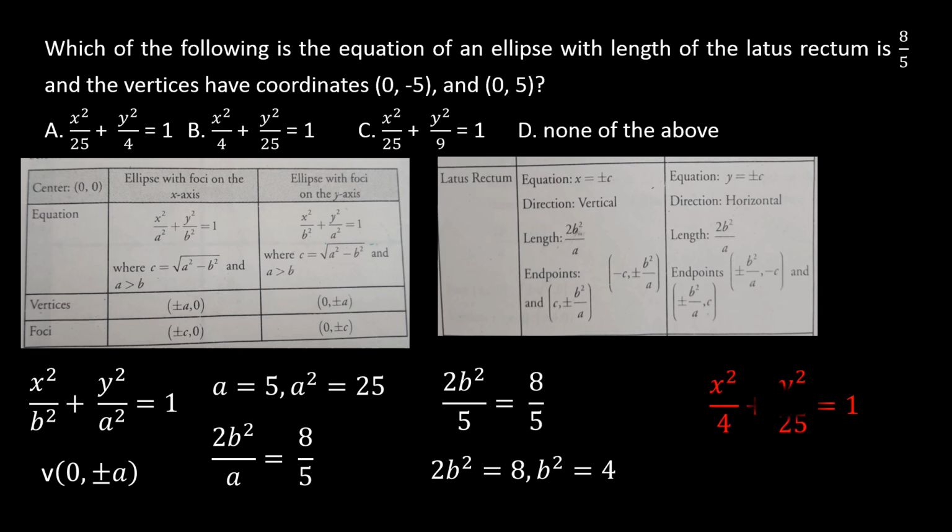Next, we have the values of b squared and a squared. So obviously our answer is x squared over 4, where 4 is our value for b squared, plus y squared over 25, where 25 is the value of our a squared, equals 1. So therefore, the answer is letter B for the second problem on ellipse.